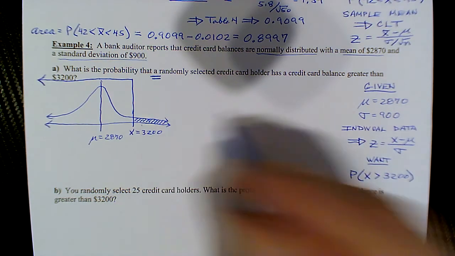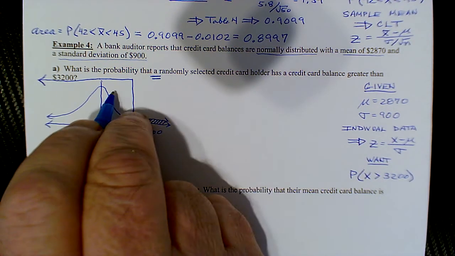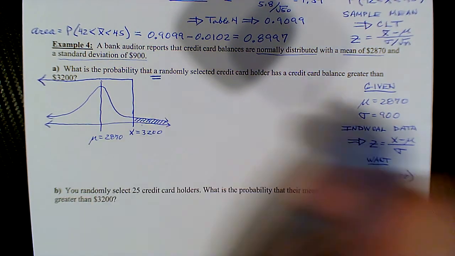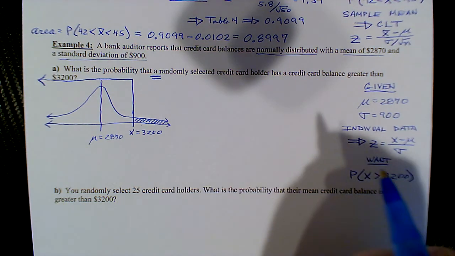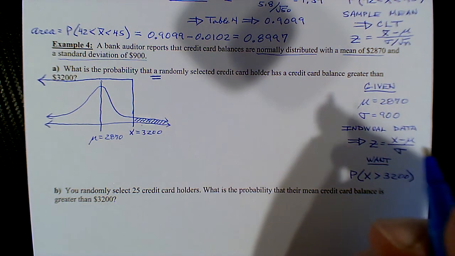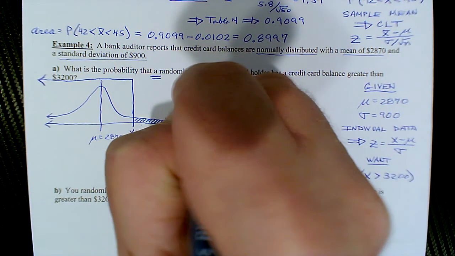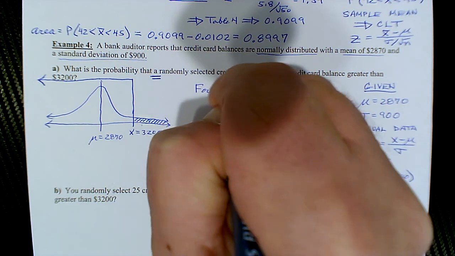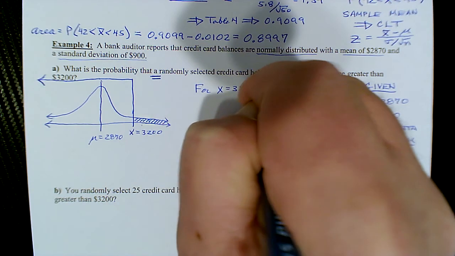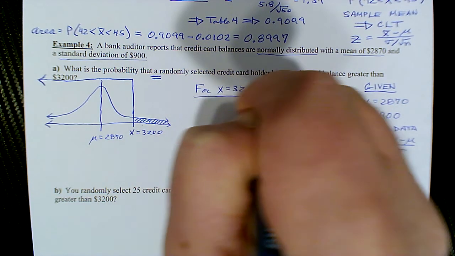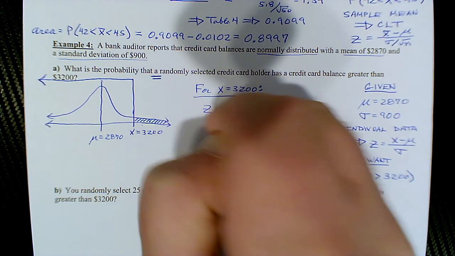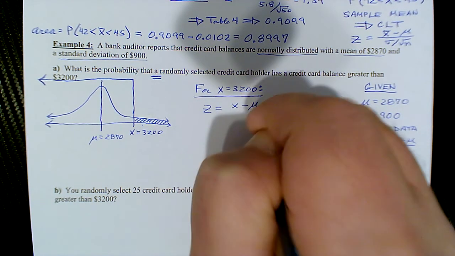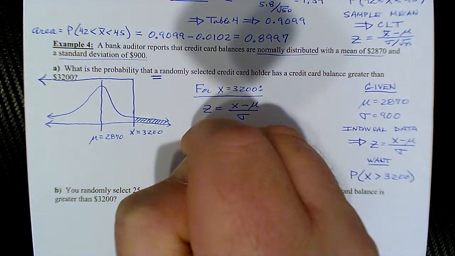And then in the end, after we find that, we're going to have to subtract from 1, or find its complement to find the area we're looking for. But since we're talking about an individual piece of data, in this case the x is just 3,200. It's just x once again. And our z-score formula is x minus mu over sigma.